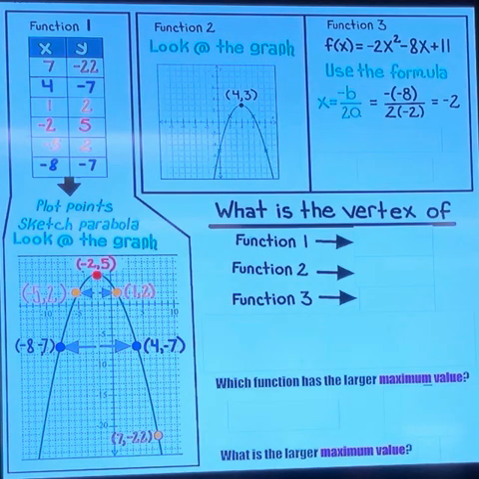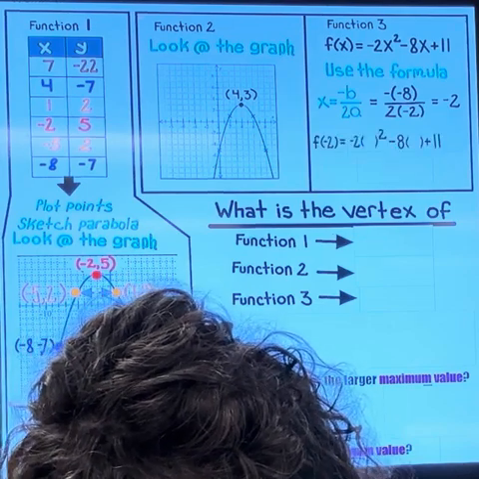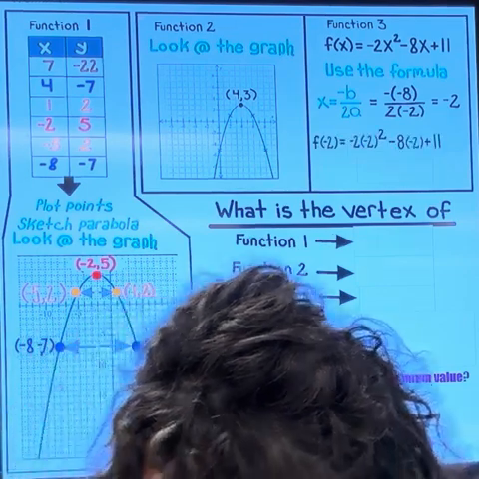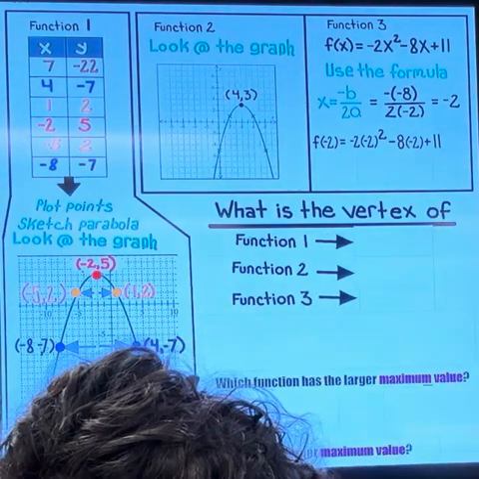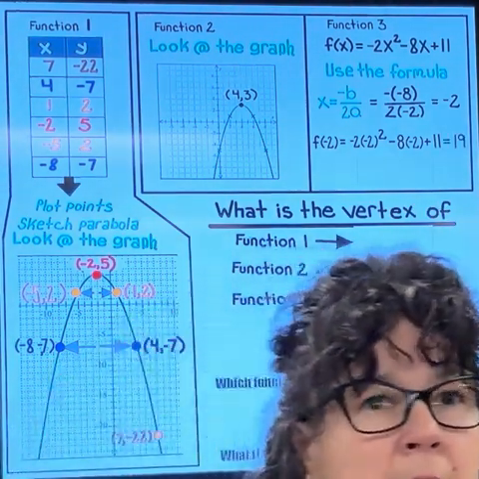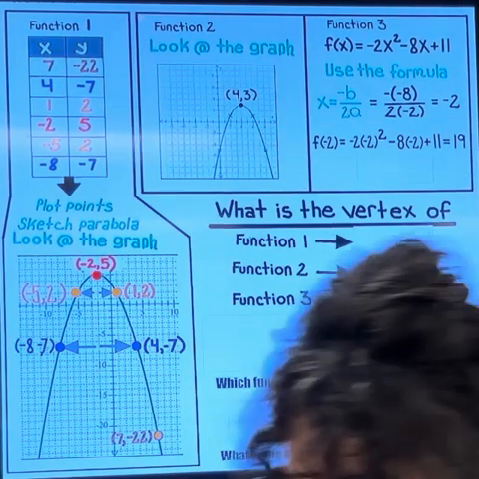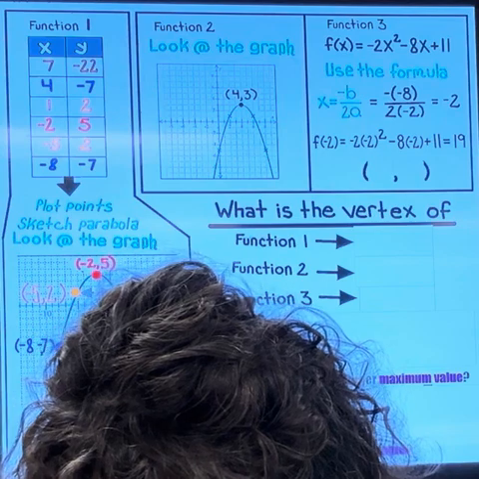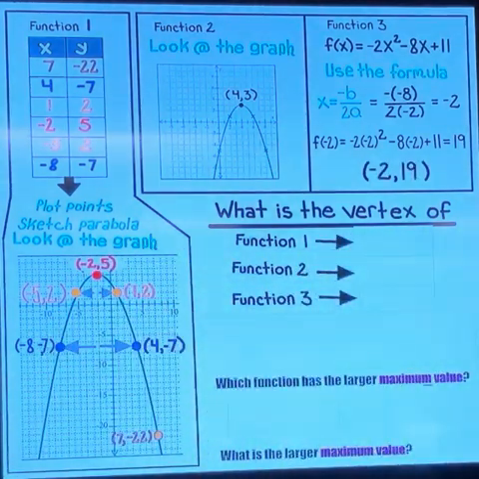Now I'm going to take that x value, plug it back into the original function to find the y coordinate. So let's plug in -2 for every x. And when I simplify, I end up getting 19. So when I plug in -2, I got out 19. So the vertex of this third one is -2, 19.